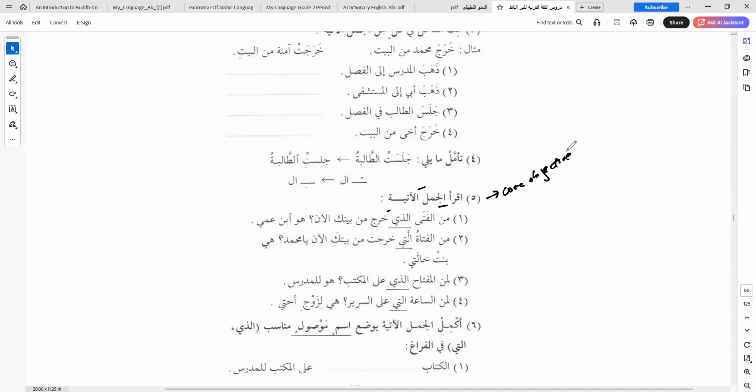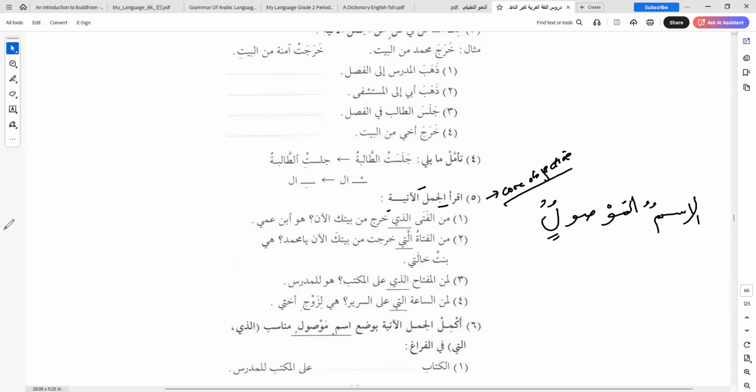The core objective here is for us to learn how to use in Arabic what we call ismun mawsul. Ismun mawsul, or ismu mawsulin, or I can say al-ismu al-mawsulu.